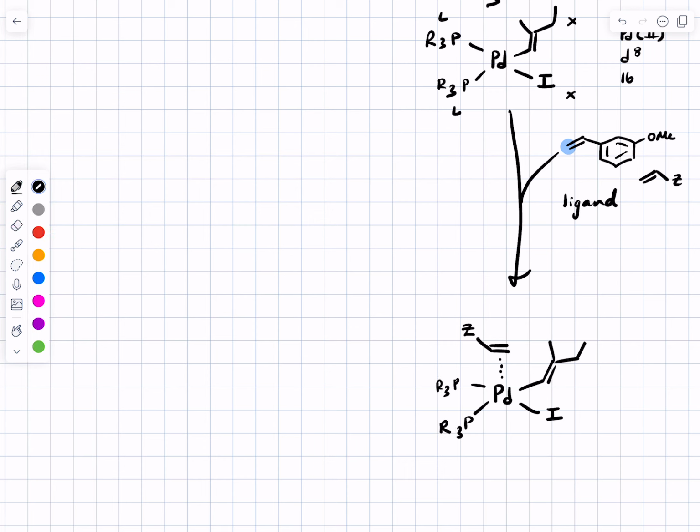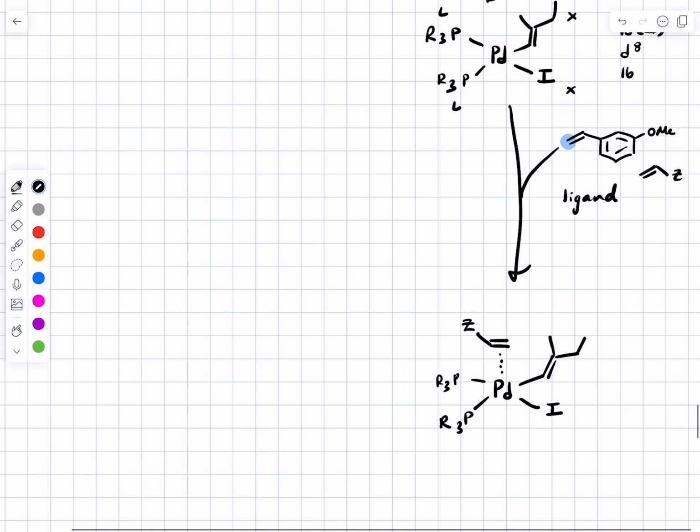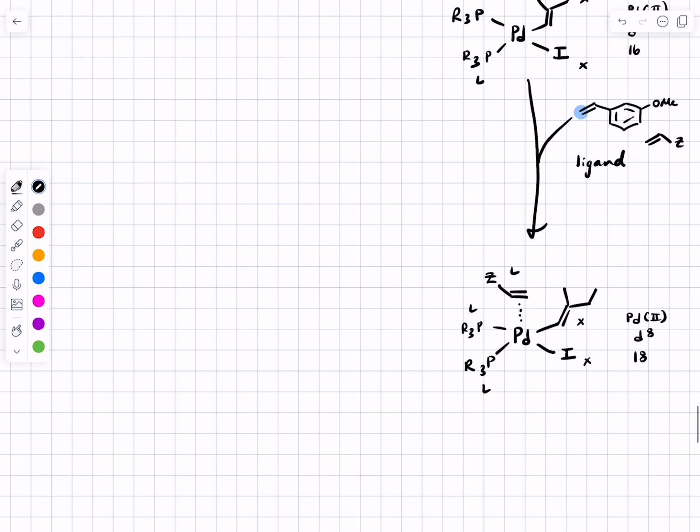They're an R3 group. Overall, the complex is still neutral. You have two X-type ligands and three L-type ligands. That means you're dealing with palladium 2. It's still D8, but now the total electron count is 18, and now we are coordinatively saturated.